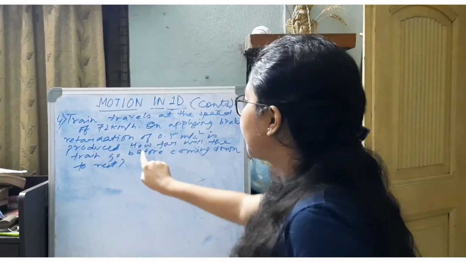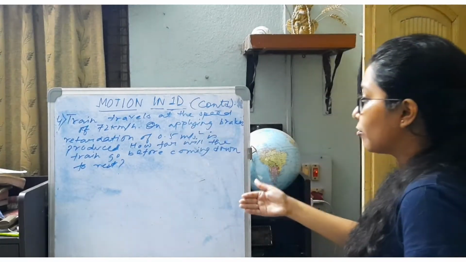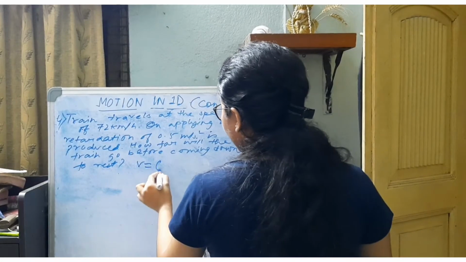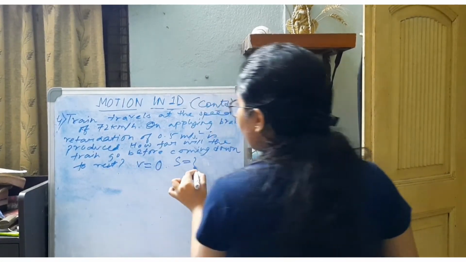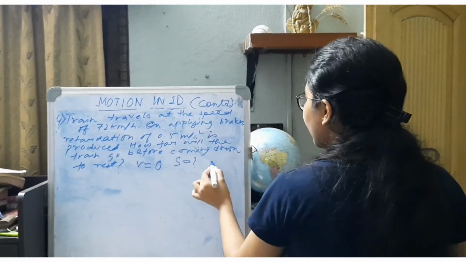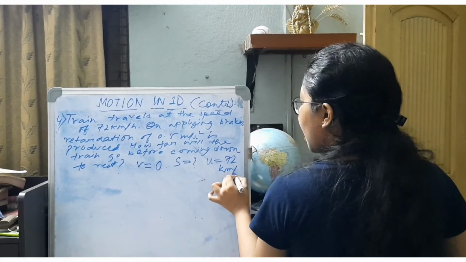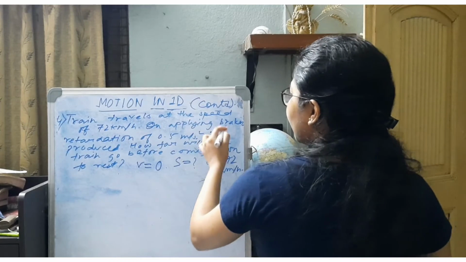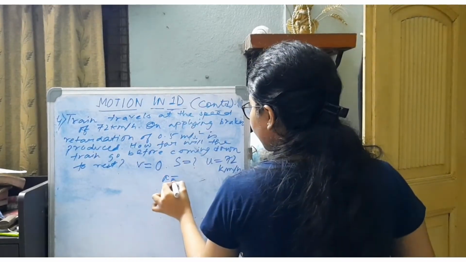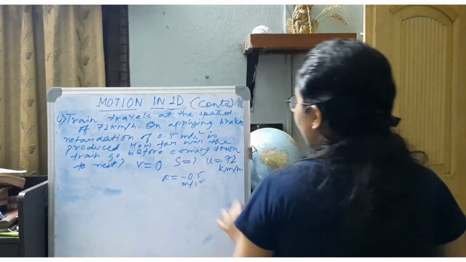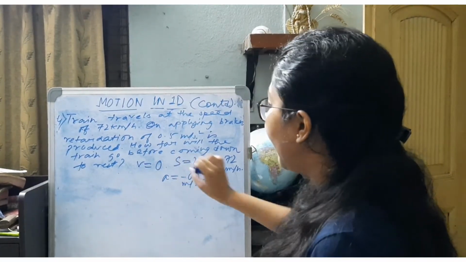That means it has been asked to find the distance moved before v becomes equal to 0. So final velocity is 0. We have to find the value of s. The initial velocity u is 72 km per hour. And the retardation produced is minus 0.5 meter per second square. We are asked to find the value of s.